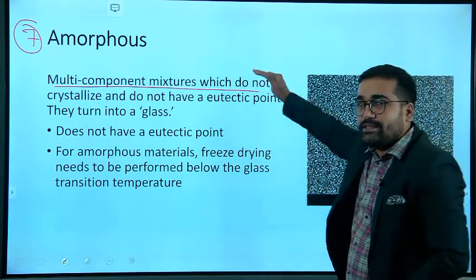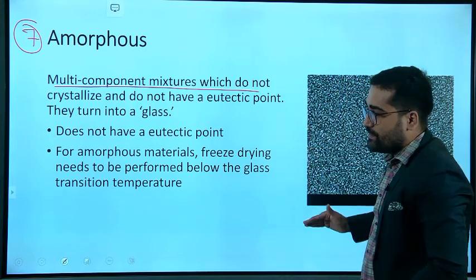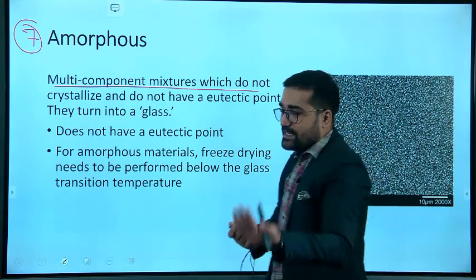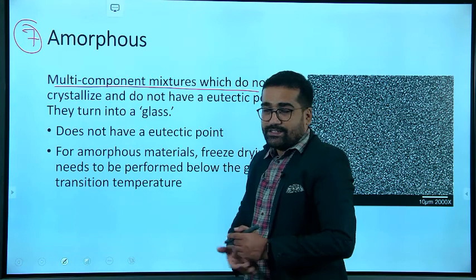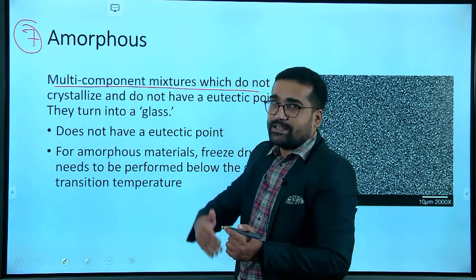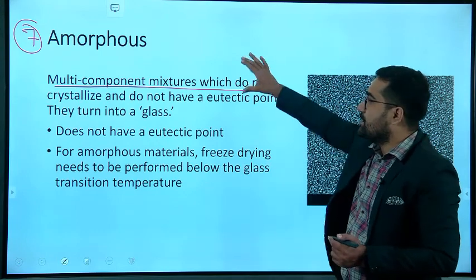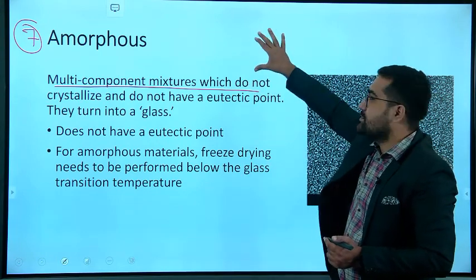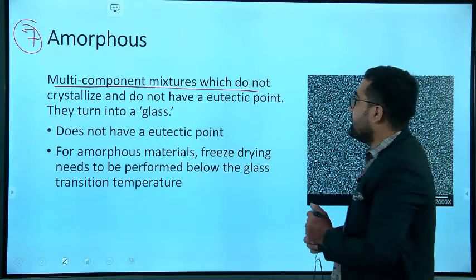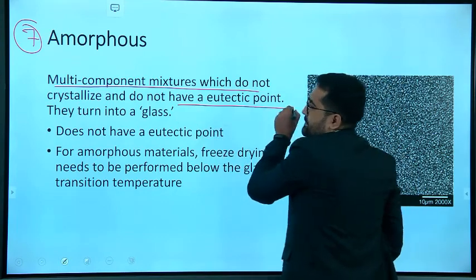They have a range of temperatures. For example, water will crystallize faster than the milk solids, if the dry product is there. So, these components form a mixture and do not have a certain eutectic temperature.